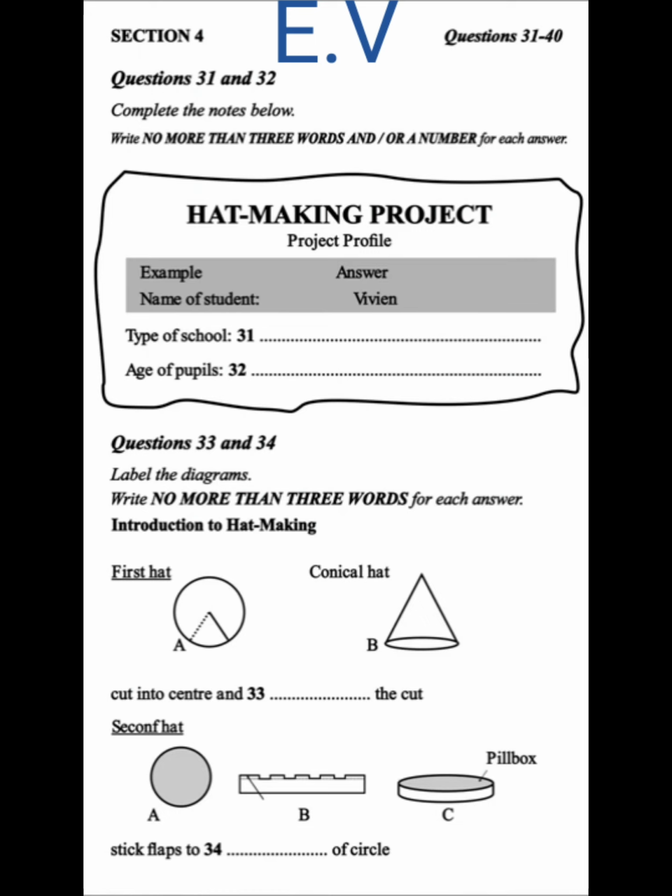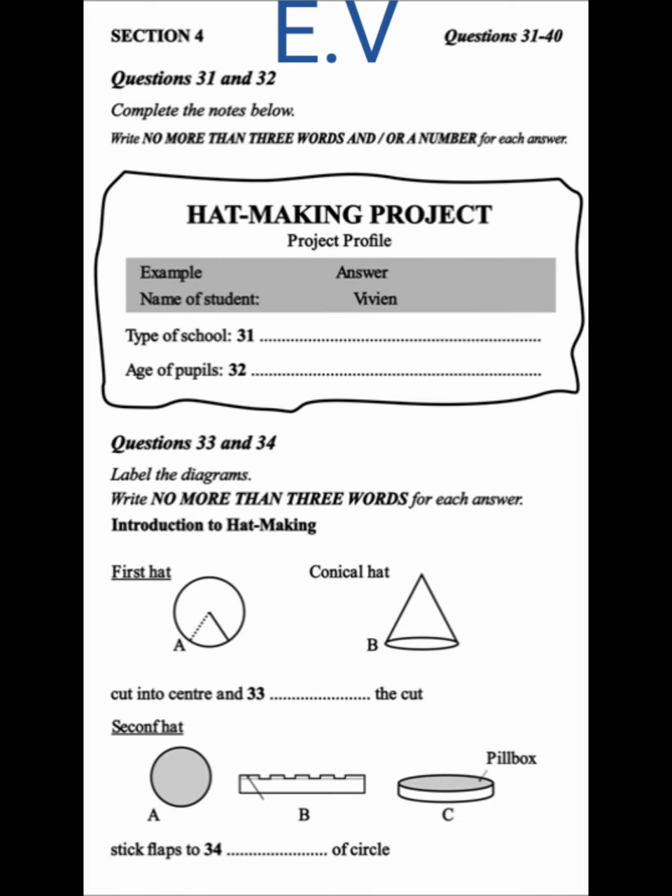The other hat we made was a little more complicated. First of all, we cut out a circle again, like this. Then you need a long piece with flaps on it. I've already made that bit, which I have here. You bend the flaps over and stick them with glue or Pritt stick to the underside of the circle, like this.